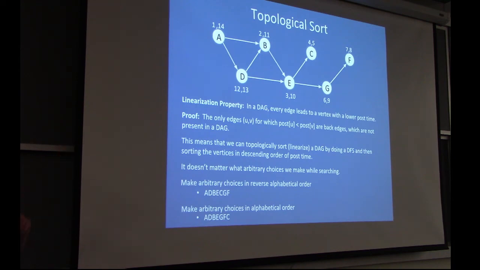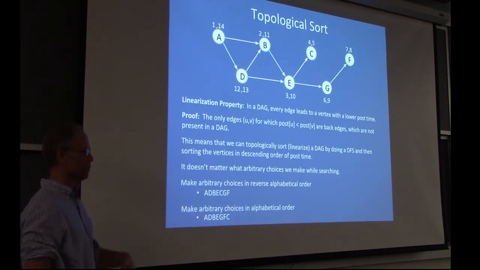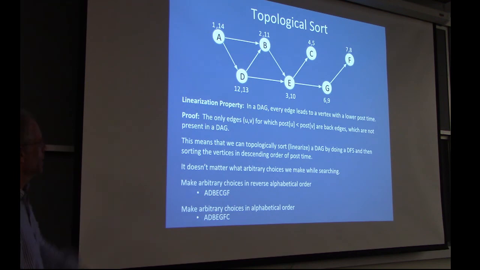I think some sink does have to have the lowest post time. I was thinking of a different algorithm, to reverse the graph, reverse all the edges, and do the thing again. And whatever is a sink in the reversed graph would be a source in the first graph, and a source in the first graph would be a sink in the other. We'll play around with that some more. It'll become important next time.